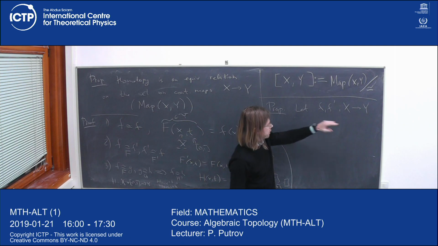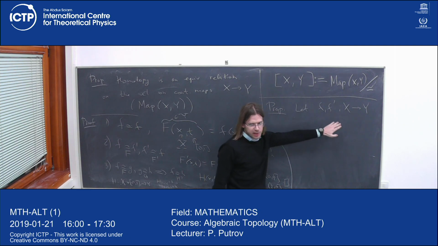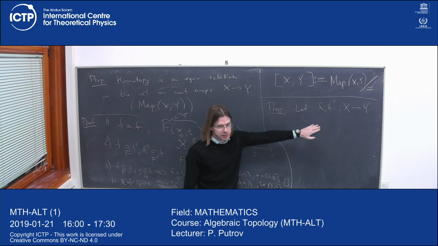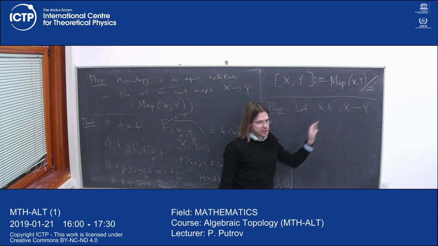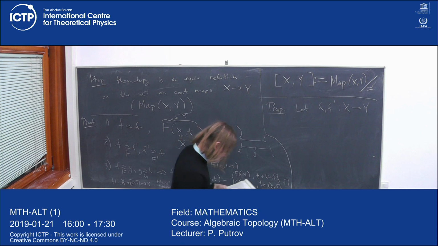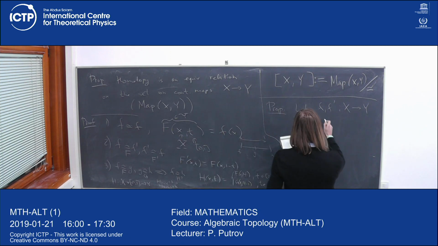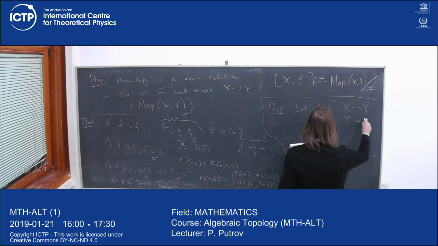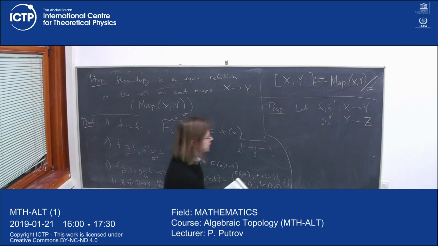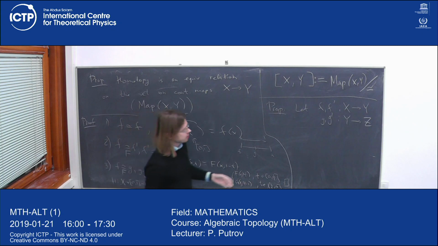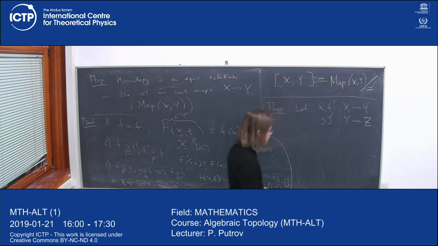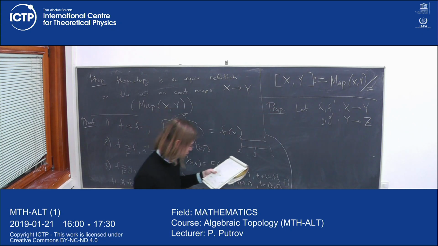From now on, if I write map, I assume that it's continuous, if I don't mention otherwise, so all maps are assumed to be continuous. And let g and g prime be two continuous maps from y to z, where x, y, z are topological spaces.